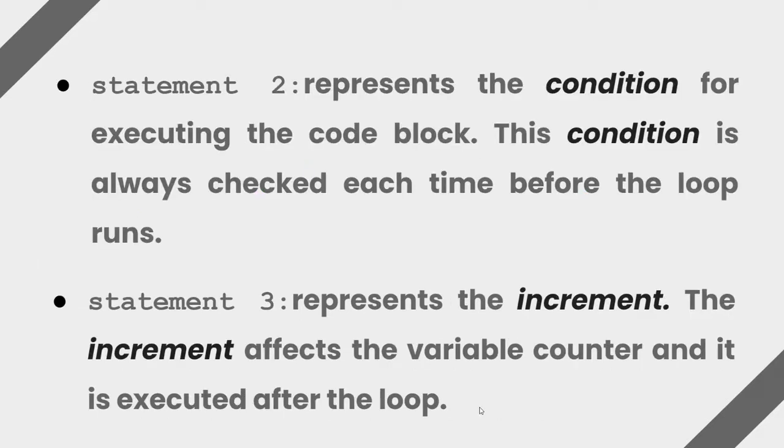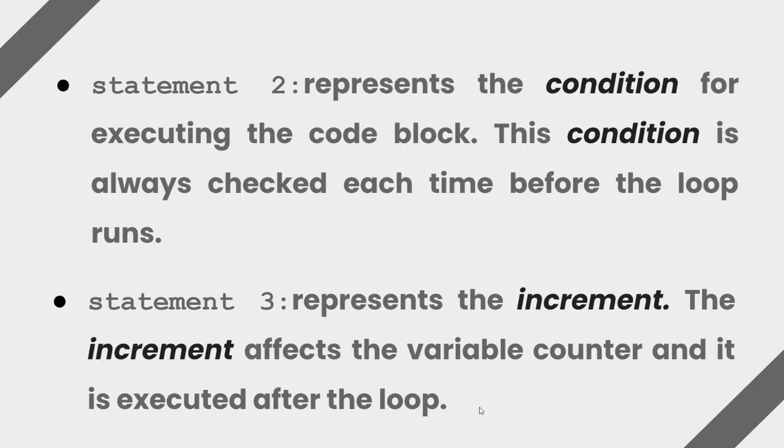Next, we have statement 2, which is followed by statement 1. And this statement 2 represents the condition for executing the code block. Now, I made mention of how important condition is, because without the condition, your code will run infinitely, and in the long run, it would crash your browser.